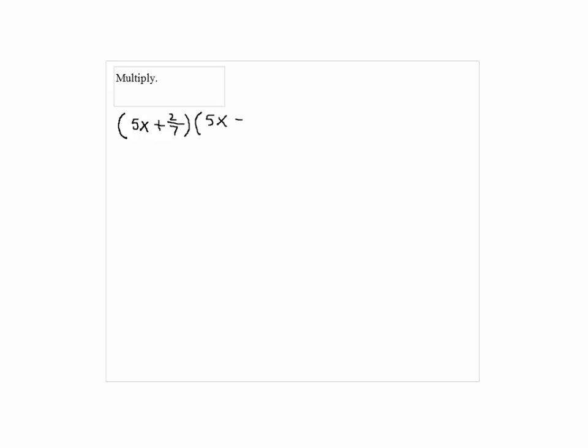Multiply (5x plus 2 over 7) (5x minus 2 over 7).